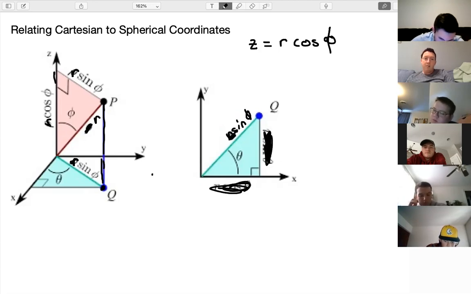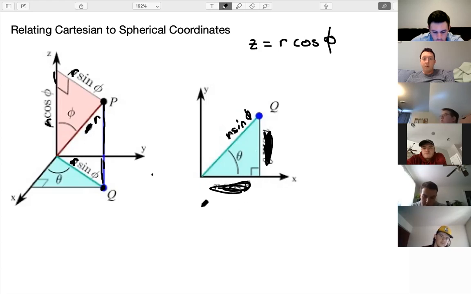Remember phi, not theta. They're two angles, don't confuse them. The hypotenuse has the azimuthal angle, but we're in the xy plane. So to get the x and y part, we're going to use sines and cosines of theta, not phi.